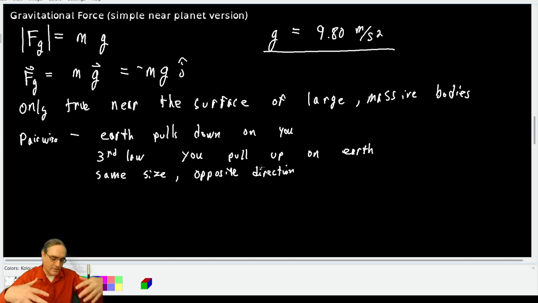So I'm being pulled down with 900 newtons of force, and that means I'm pulling up on the Earth with 900 newtons of force. But remember, second law is what determines acceleration, so I accelerate a lot. The Earth, on the other hand, accelerates almost not at all, because its mass is around 6 times 10 to the 24 kilograms, while I'm like 1 times 10 to the 2. 90 is almost 100.